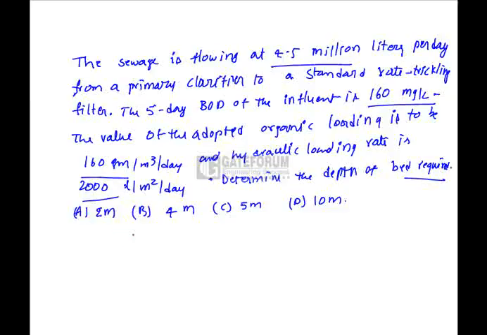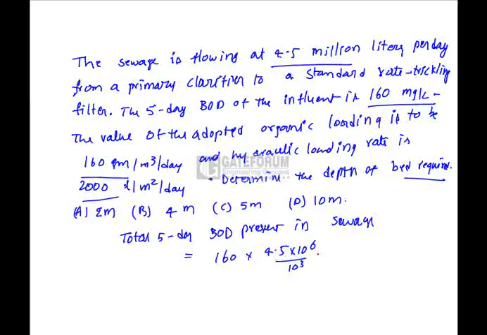First we will find out the total 5-day BOD present in the sewage, which is 160 milligrams per liter times 4.5 × 10^6 liters per day divided by 10^3, that is 720,000 grams per day.